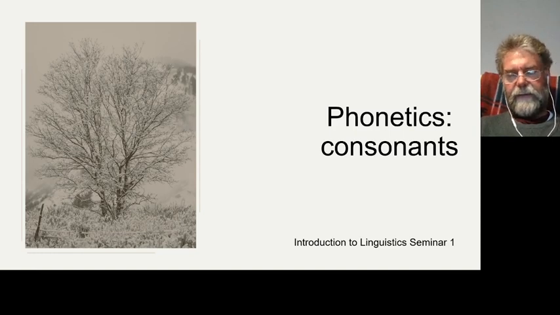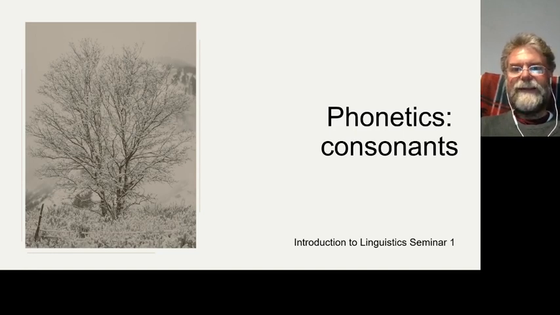But because those kinds of study of sound tend to require the use of specialized instruments, things to show things like sound waves and things like that, and we don't have access to them in this class, we're going to be looking at another aspect of phonetics, which we do have access to because we all have the appropriate equipment.